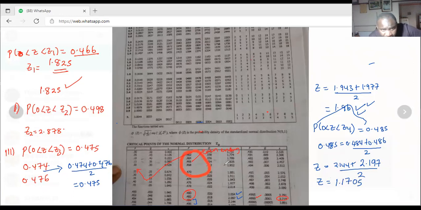This comes from reading the probability. It's 2, not 1. 2.17. 2.175, approximately 2.171. The probability was what? Was 0.485. Let's check it out on the next page and see.